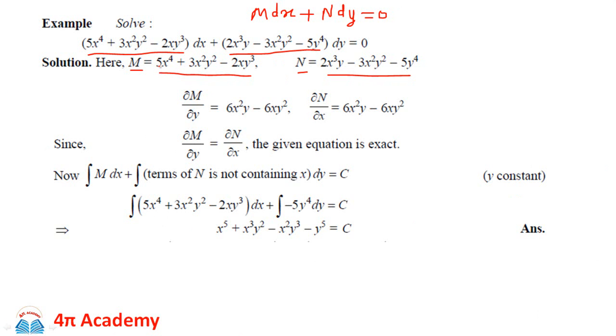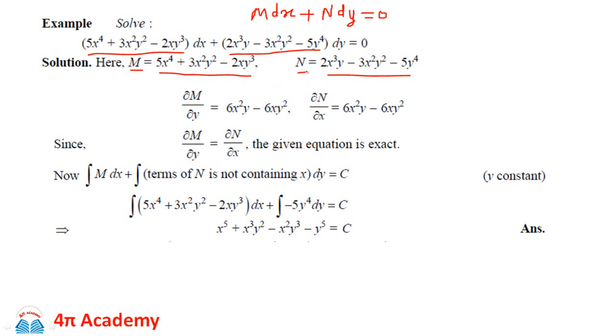Here 3x square is constant, and the derivative of the y square term is 2y, so 2 into 3, that is 6x square y. Minus, here again keeping 2x constant, it will be minus 2x into the derivative of 3y square, that is 3 into 2, 6x into y square. So this is my del M by del y.